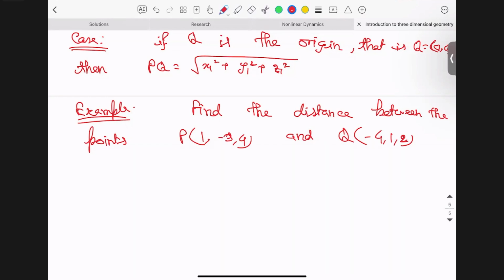Okay. So the coordinates of the two points are given in 3D. Now we need to find the distance between these 2 points.